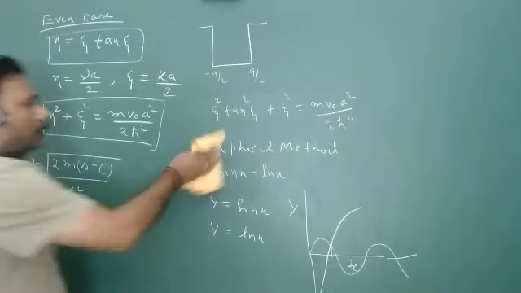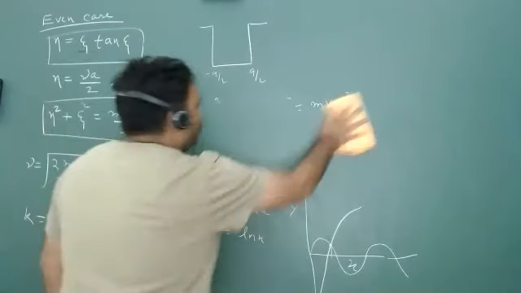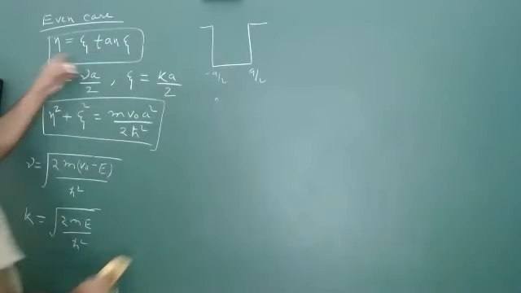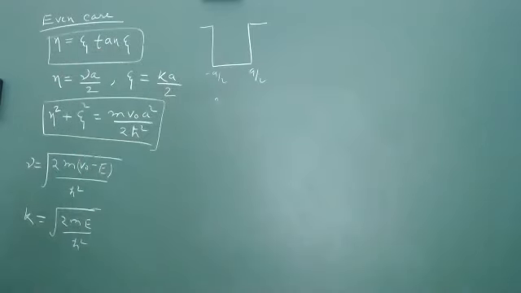Okay. So we have two equations. The first equation is eta is equal to xi tan xi, and the second equation is eta square plus xi square is equal to m v naught a square upon 2 h cut square. Now first we will plot eta versus xi for this one, and then we can plot eta square plus xi square.